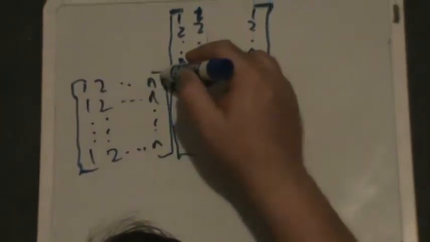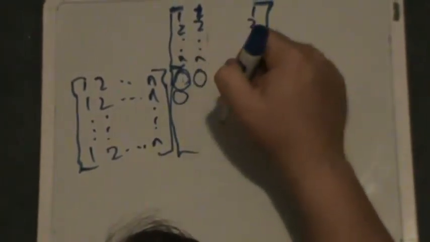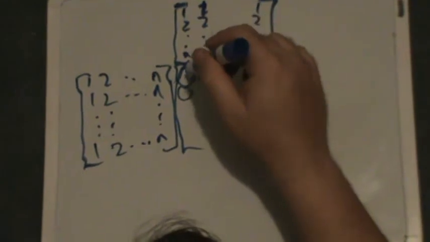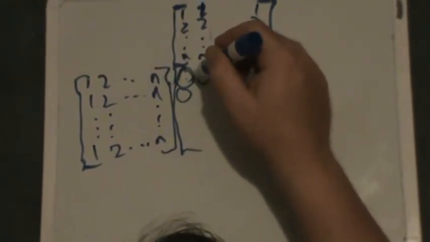Every time, to get this element, it's this vector times that one. This one is this vector times that one. This one is this vector times that one. Every single one of these occurrences is an inner product, and it takes big O of n.